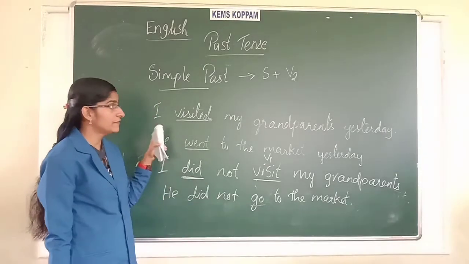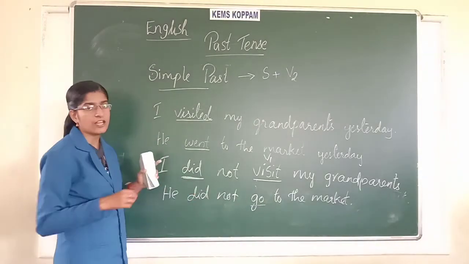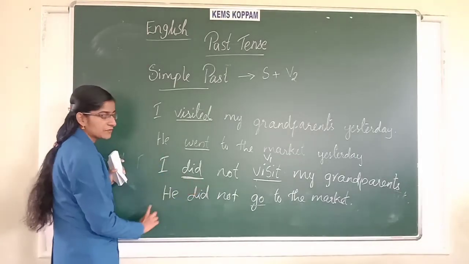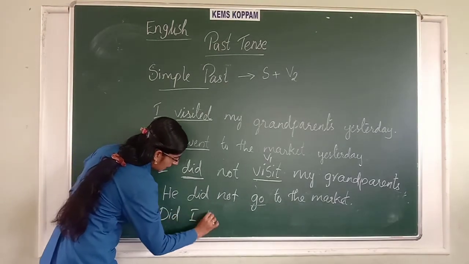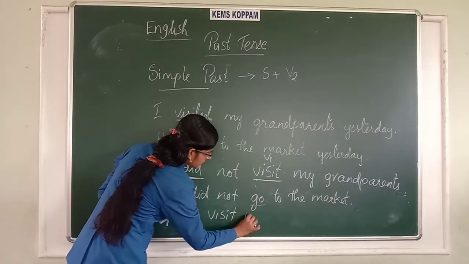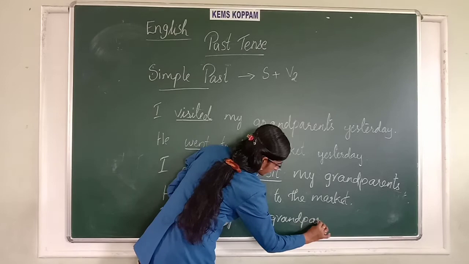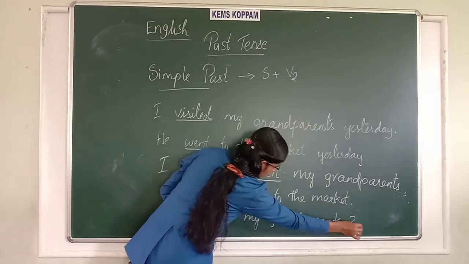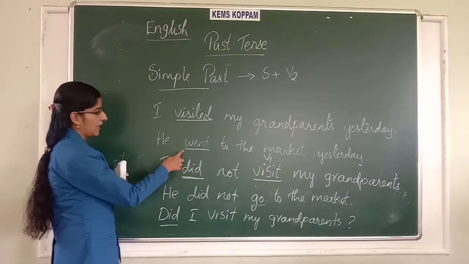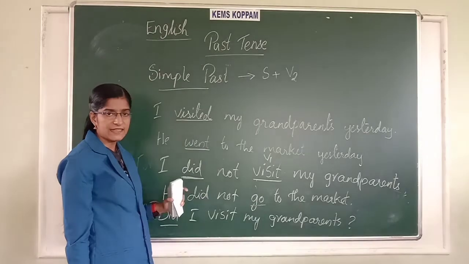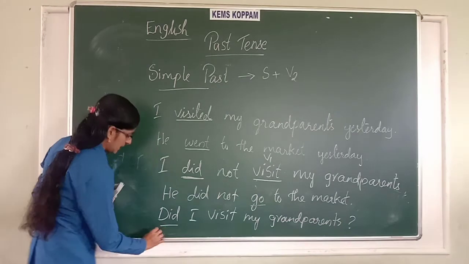Now, how can we form a question? For that, as we said in present tense, you have to bring the auxiliary verb to the beginning. Did I visit my grandparents yesterday? You have to bring the did at the beginning. And here, did he go to the market yesterday?